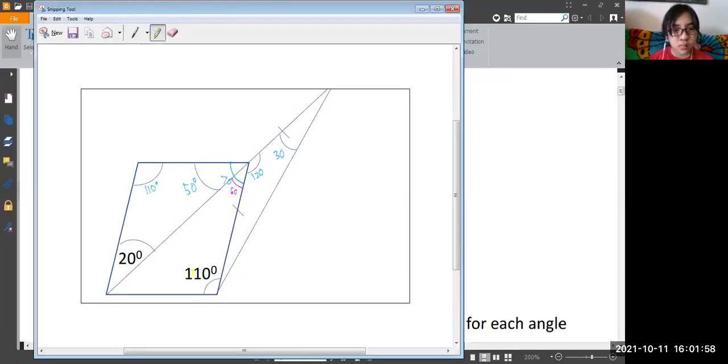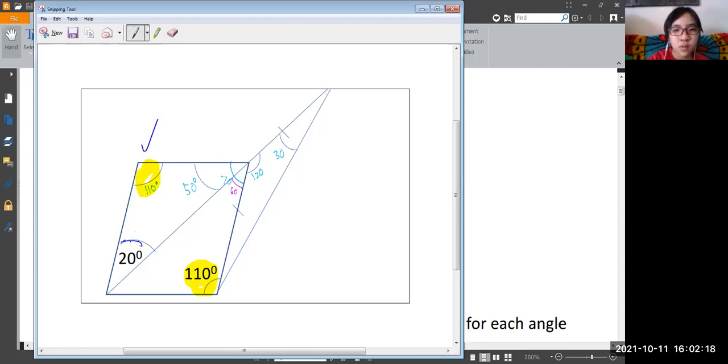So, if this is 100, this is 110. Why? Opposite angles. Very good. Not opposite angle, it's opposite sides are the same, opposite angles for a parallelogram. Okay. So this one is correct.